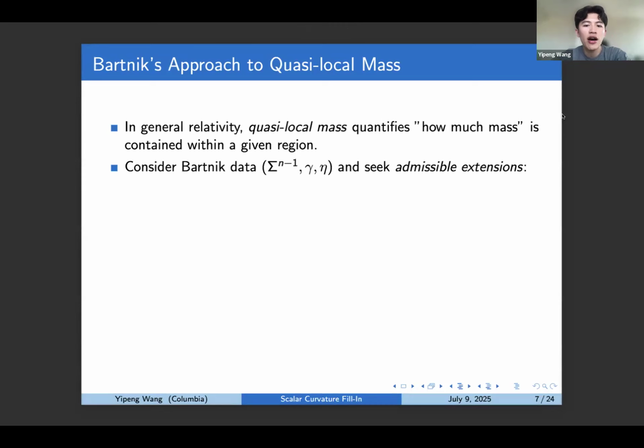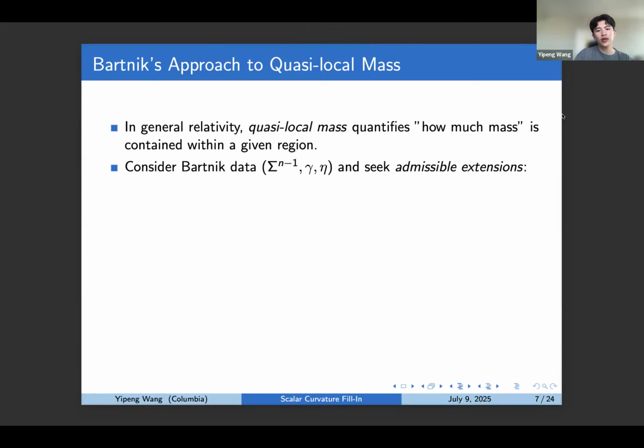Now I will come back to this terminology. It's originally due to Bartnik, who explained how to do such an evaluation, where he suggested a potential way of defining such a quantity, which makes sense in the physics literature as well.